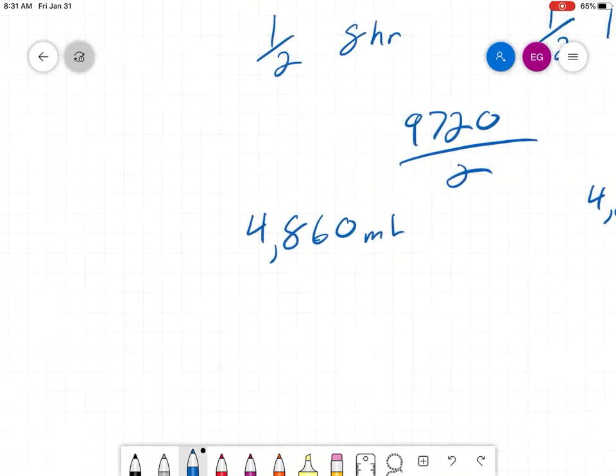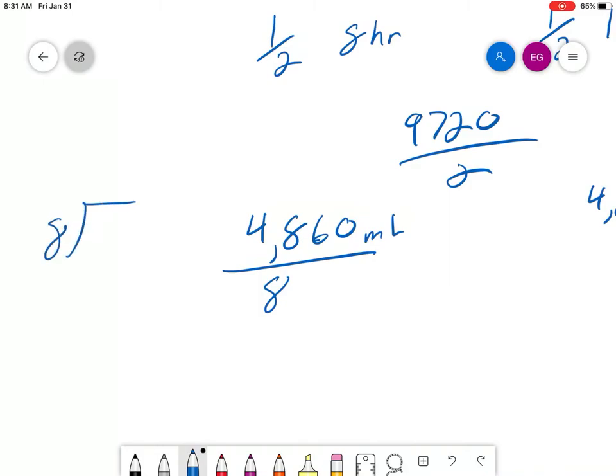So working off of the first 8 hours, we need to figure out how much we're going to give per hour. So how do we figure that out? Well, we simply divide 4,860 by 8. You can do the problem this way, or if you need to write it out, do it this way.